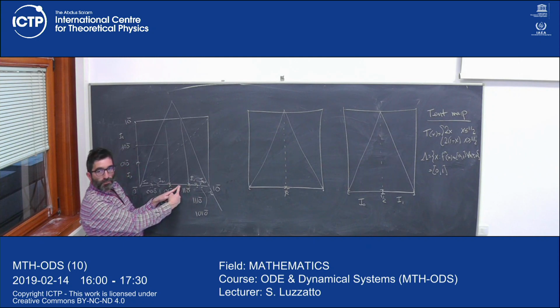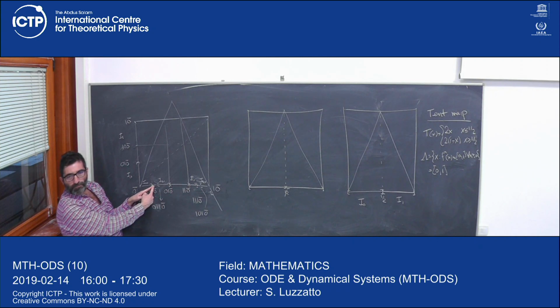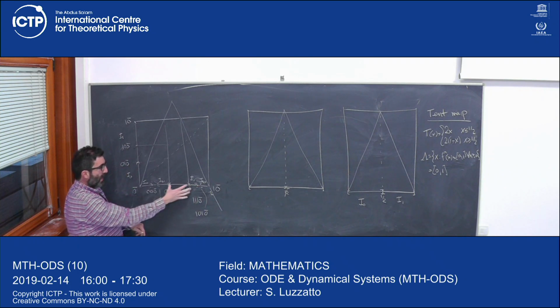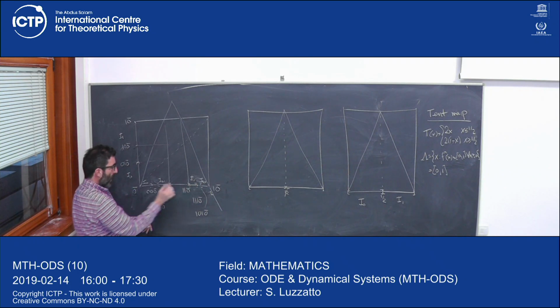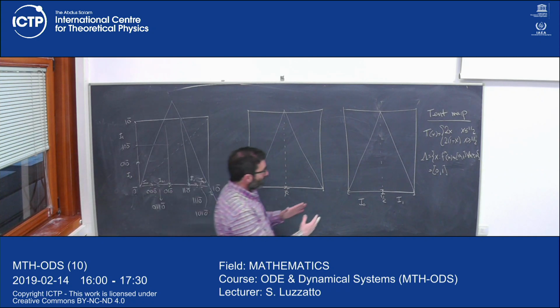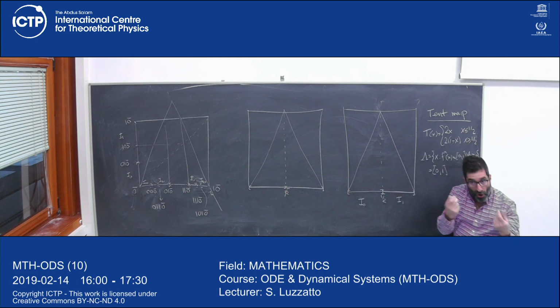This gap is going to come together, and the other gaps close at the same time, because these two gaps are the pre-images of this gap. So when you are closing this gap here, you're simultaneously closing all the other gaps.